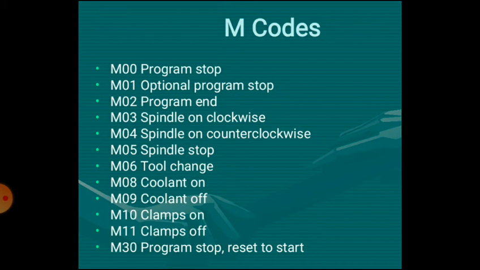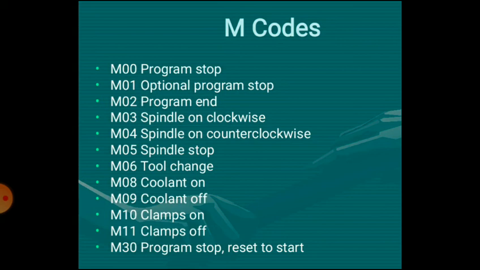M05, spindle stop. M06, it is tool change. So it will stop the spindle and coolant, and it will change the tool from the spindle. M08, it is coolant on, switch on the coolant system. M09, it is coolant off, switch off the coolant system.